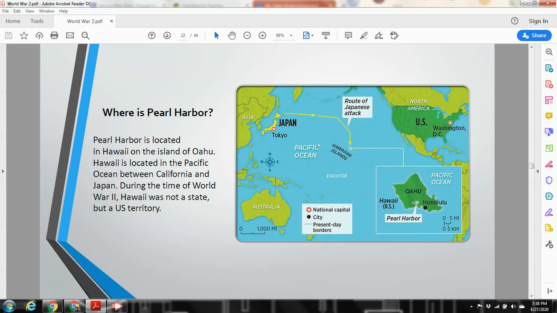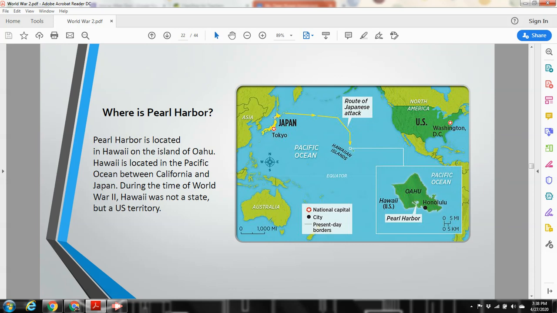Now, Hawaii during World War II was not a state; it was a U.S. territory. So it was basically run by the U.S. government, but it didn't have representation. Basically, Hawaii is in between California and Asia over here. So here's Japan.